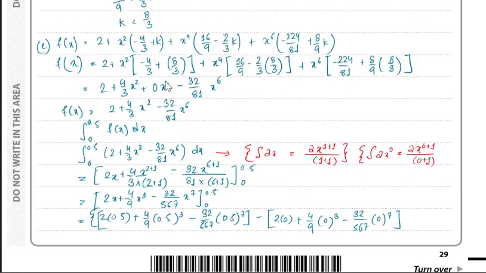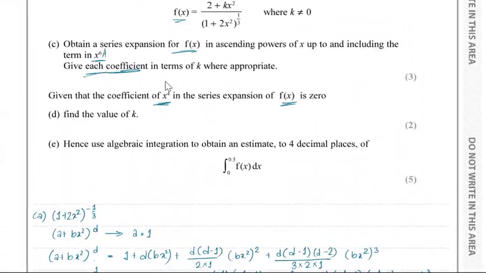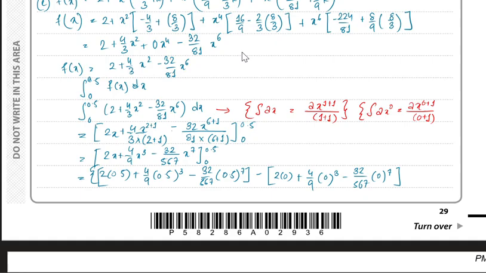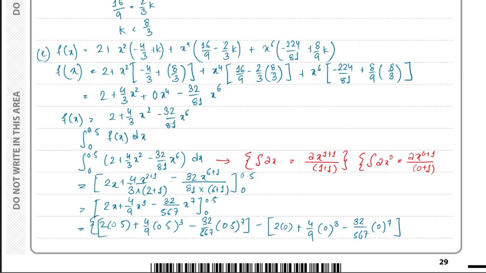So I think they asked us to give it in full decimal place, right? So yeah, to 4 decimal places, this would simply be 1.0551. No change. So this is the answer for part E. Thank you.